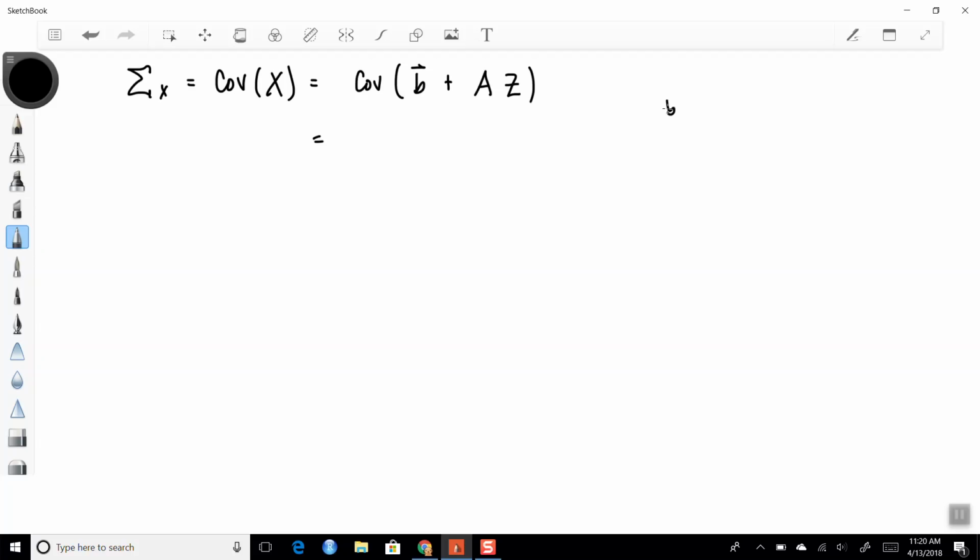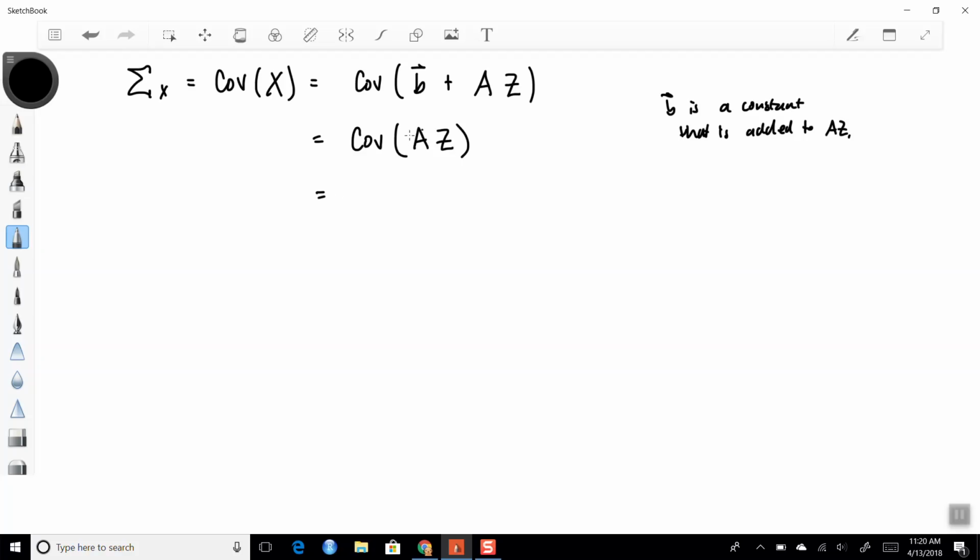Well, again, b is a constant that is added to Az, so we can throw it away, because that has no effect on the covariance. So the covariance of this thing is just going to be the covariance of Az.